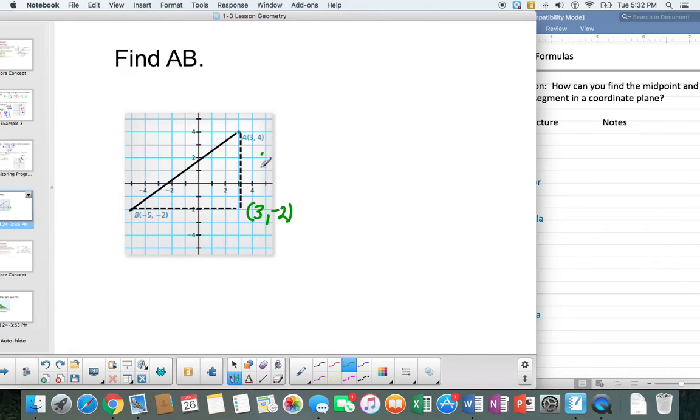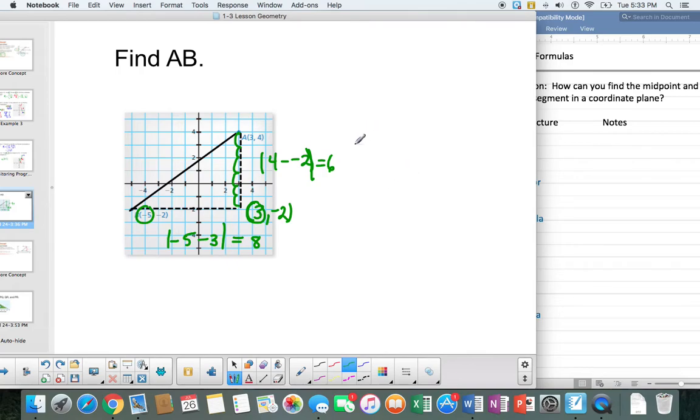We can take the absolute value, 4 take away -2, absolute value, and the answer is 6. You can also actually just count and see that this is 6 units as well. Now we can take the x's and take the absolute value of their difference, and this answer will be equal to 8. Or you can just count all the units and see that it's 8.